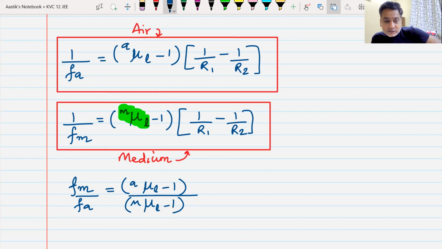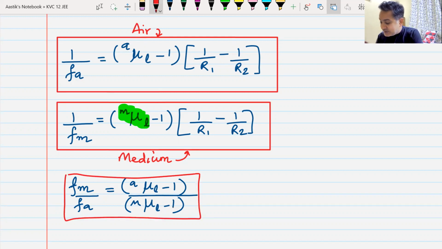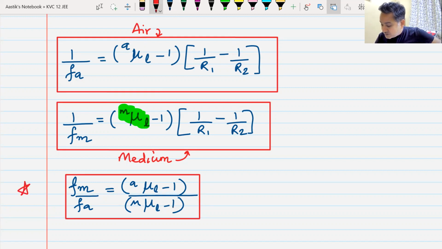Do we understand this? Yes or no? Everyone understands this? So now remember, this chapter is all about remembering things and using them in the best possible way. Now put a big star on this.